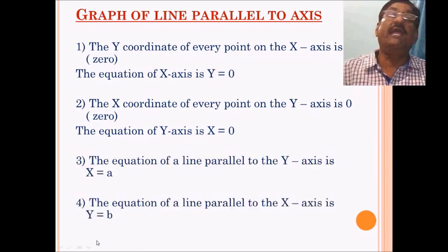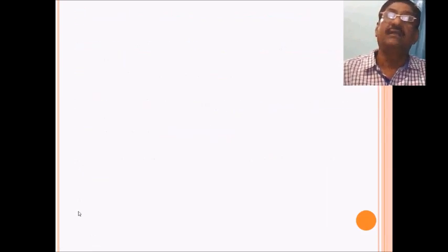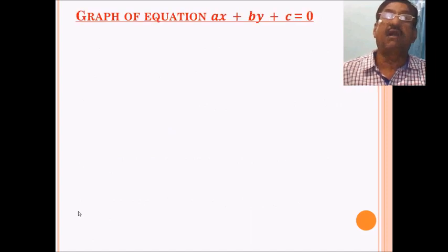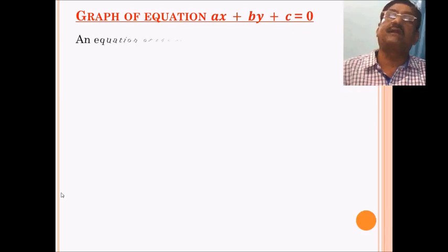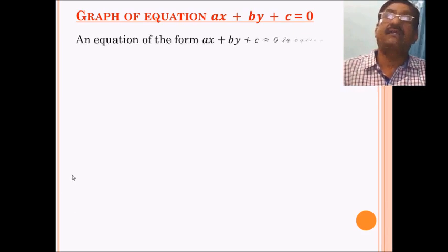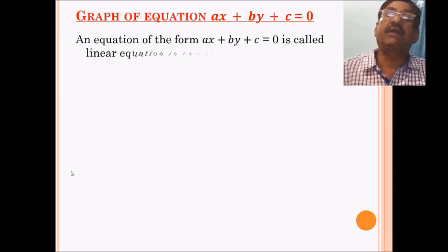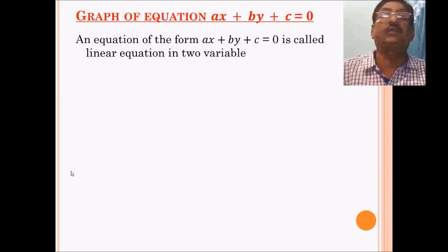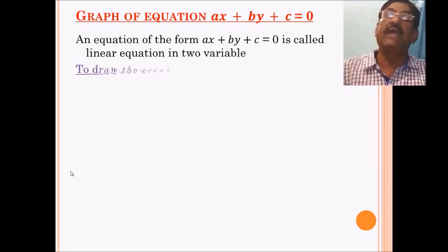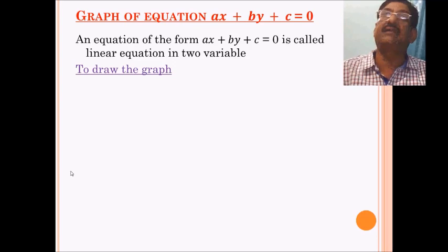If the equation of a line is given as ax plus by is equal to c, then how can you draw the graph of this equation on the graph paper? While drawing the graph of a line, the equation is given as ax plus by plus c is equal to 0, where a, b and c are real numbers and a and b cannot be equal to 0.